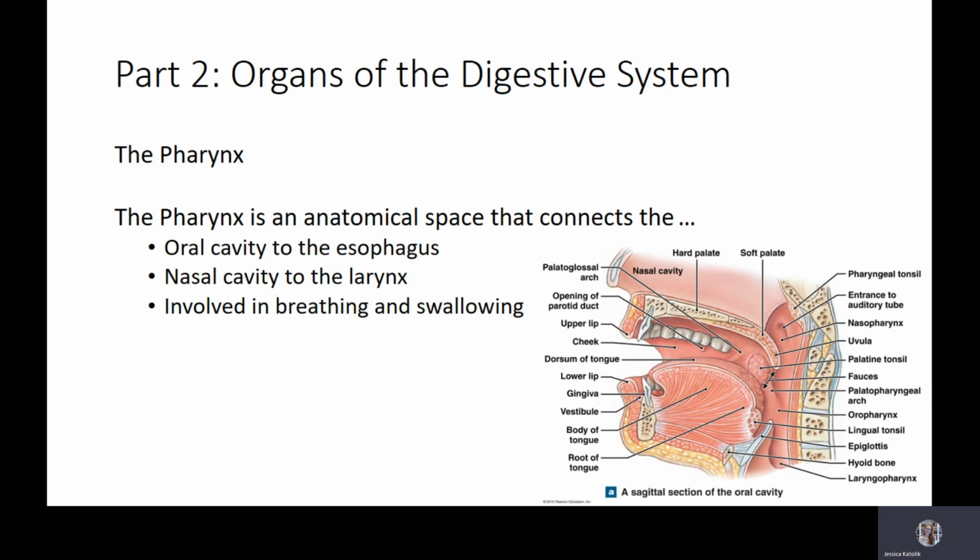The pharynx is also going to contain different tonsils, and those tonsils are going to be tissues that are rich in white blood cells. And this will create a ring of immunity within the throat.